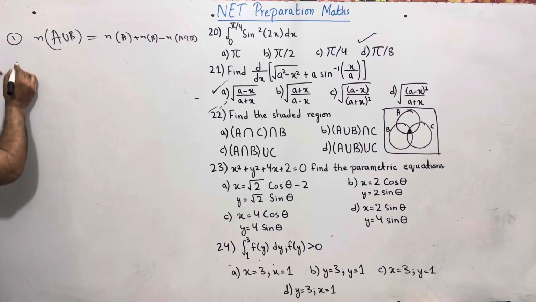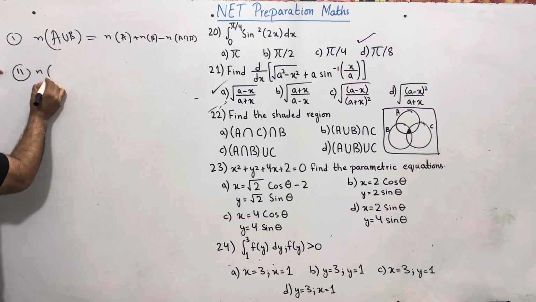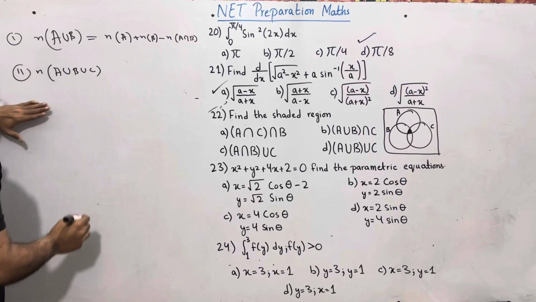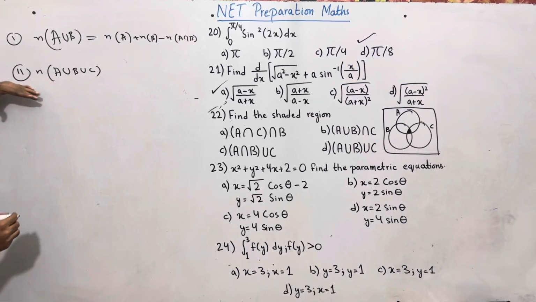If there are more than two sets, it's a wonderful concept. A union B union C means the number of elements in all three sets.